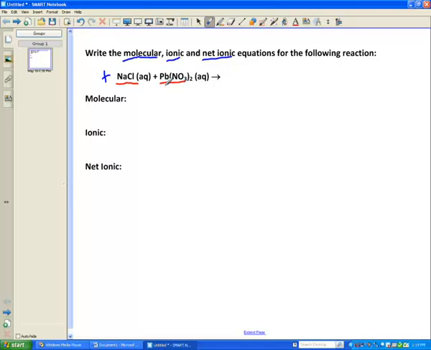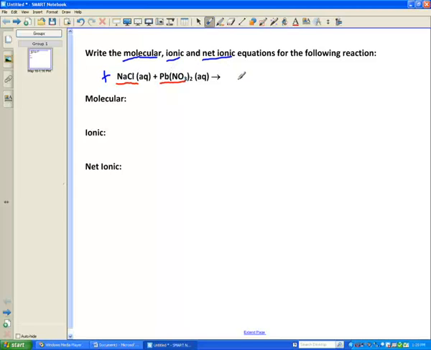But double displacement is easier to remember because each of your metals essentially displaces the anion and then grabs the other one. So for example, the sodium originally was with the chloride, the sodium then goes with the nitrate over on the product side. The lead 2+ was originally with the nitrate, and over in the product it goes with the chloride, the Cl-.